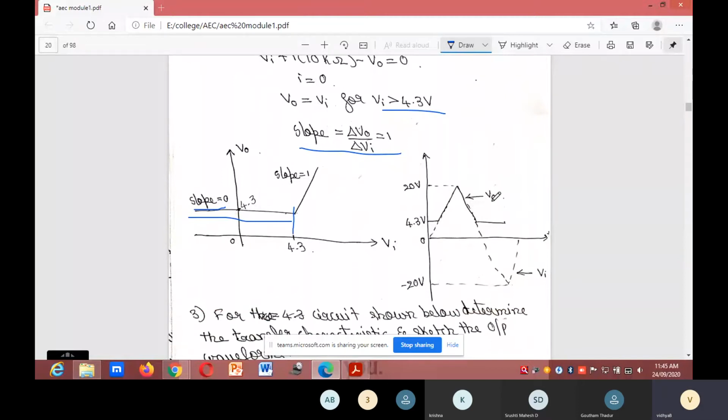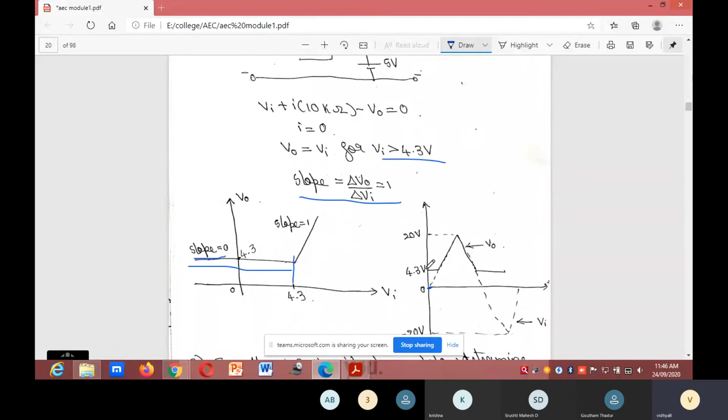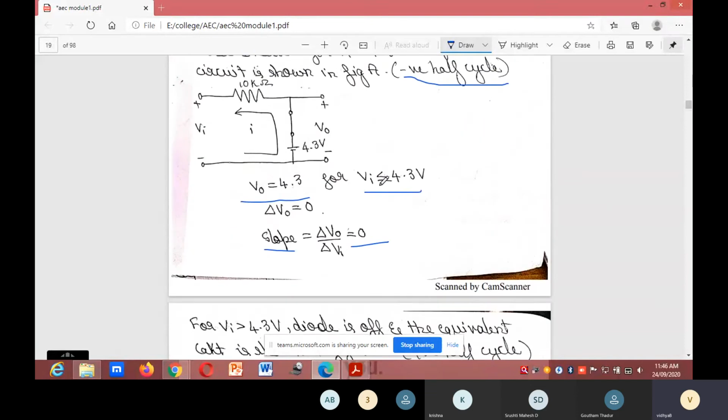Output waveform. They have given the 20 voltage. The dotted lines are input and the dark lines are output. What we got at 0 voltage?